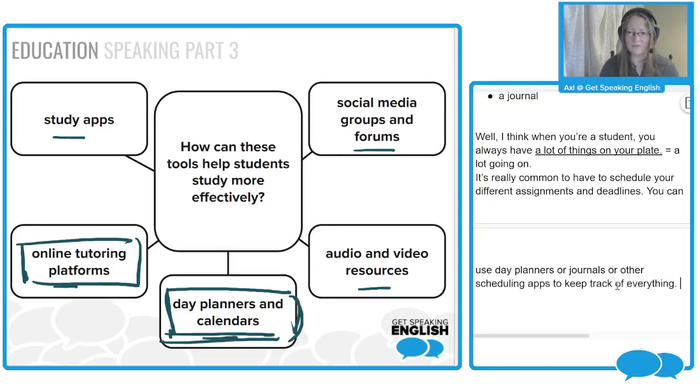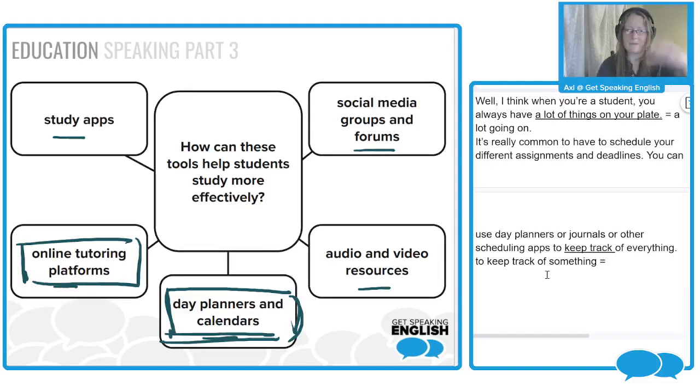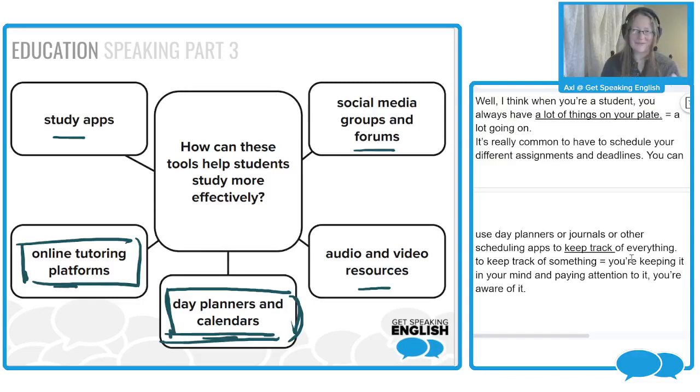So that's really important. And if we keep track of something, it just means that you're aware about what's happening. You're keeping it in your mind, you're paying attention to it. Yeah, so when you have lots of deadlines, lots of things going on, right?